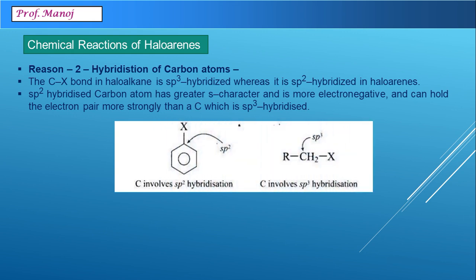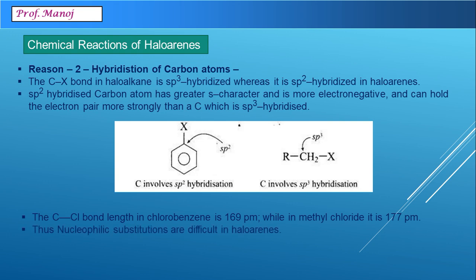This is the difference with respect to the hybridization. This makes a lot of difference when it comes to the replacement of halogen. Numerically, you will see that carbon-chlorine bond in chlorobenzene is slightly shorter than in case of methyl chloride. Now, this much difference is enough to make methyl chloride more reactive than chlorobenzene. Nucleophilic substitution therefore becomes very difficult in haloarenes.